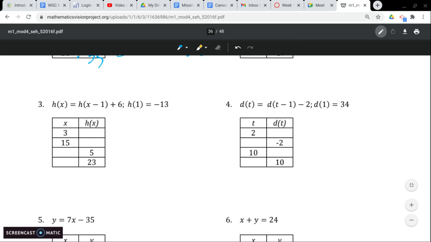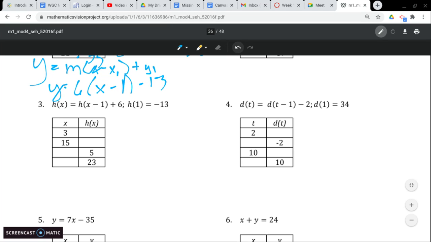Point slope form is y equals m times x minus x1 plus y1. So our equation will be y equals 6 times x minus 1 minus 13.